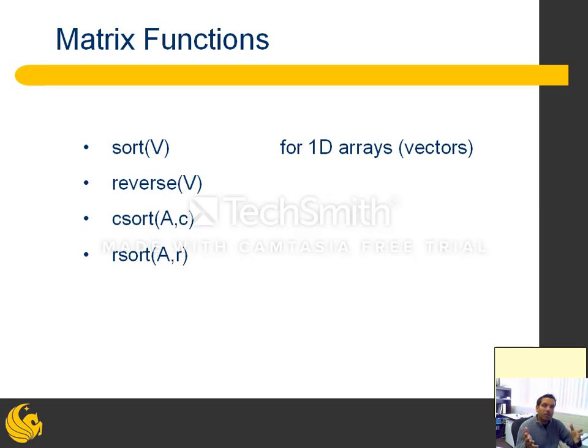Then it will sort column number 3, and it will accommodate the rest of the elements according to that sorting sequence. It can do so by row also. I can specify a specific row, and it will sort that row and then arrange the rest of the elements according to the sorting sequence that it used. Some of these functions you will get to use, so you can just simply exercise them in the MathCAD pad to see how they work.